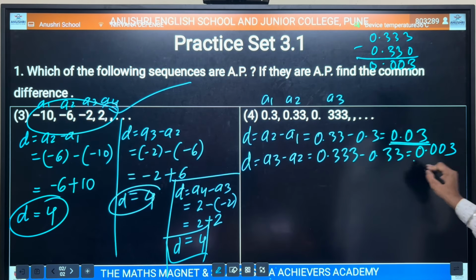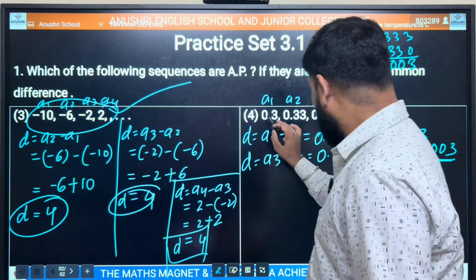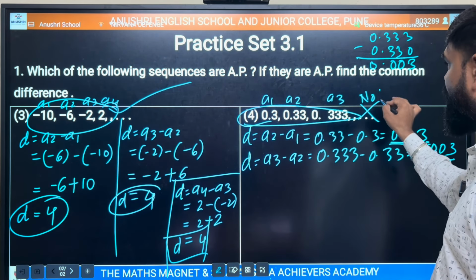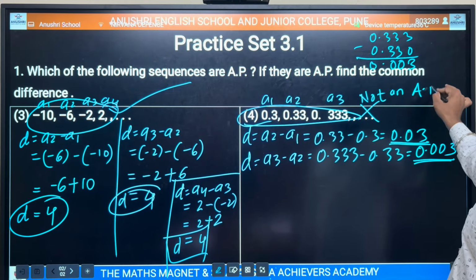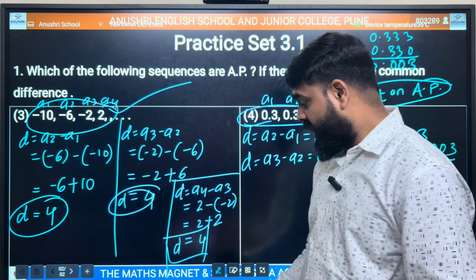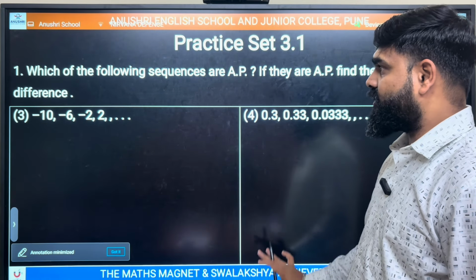So look here, this is not the same. So it means that this given sequence is not an AP. So you have to write down like this, not an AP. Okay, are you getting?